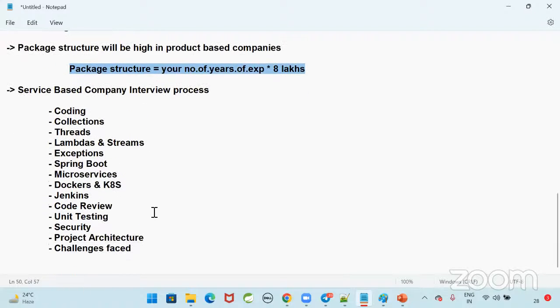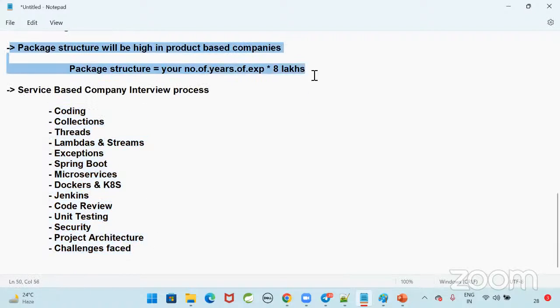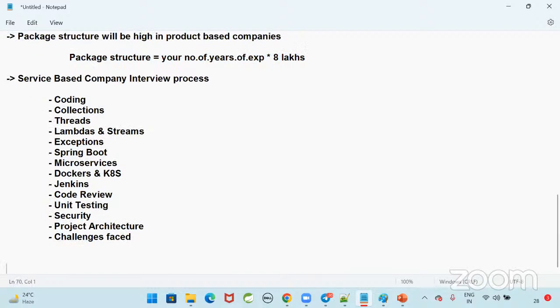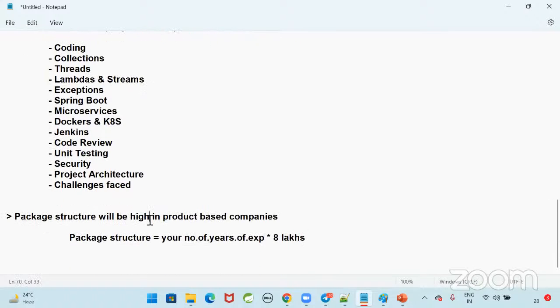In service-based companies, the interview process will be on the latest technologies. Package structure will be less in service-based companies. Your number of years of experience multiplied by 3 to 4 lakhs they will offer.